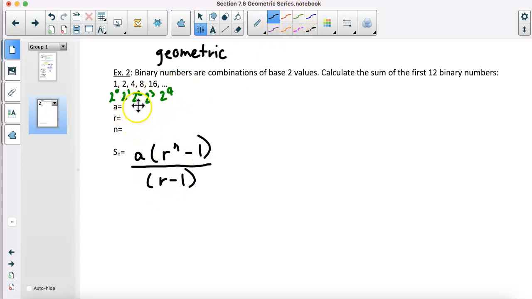A in this case is the first term, which is 1. The common ratio is 2, that's what we're multiplying by. And n here tells us the first 12 binary terms.